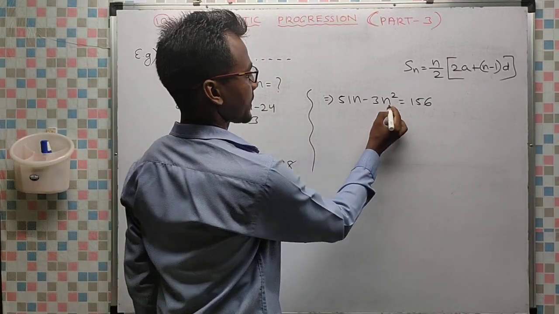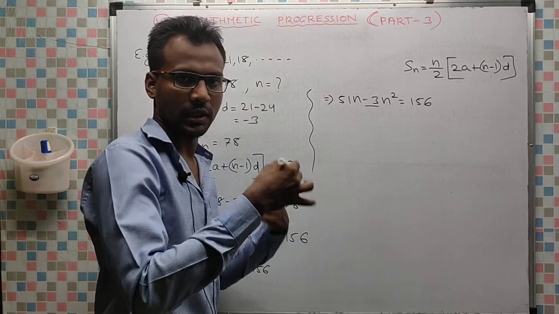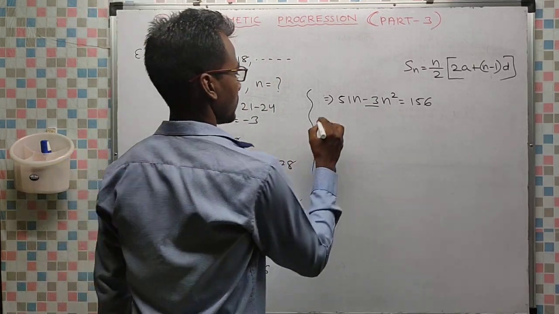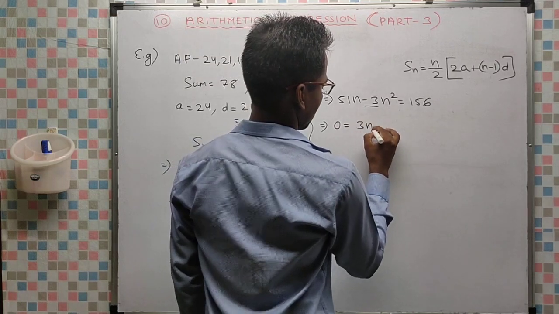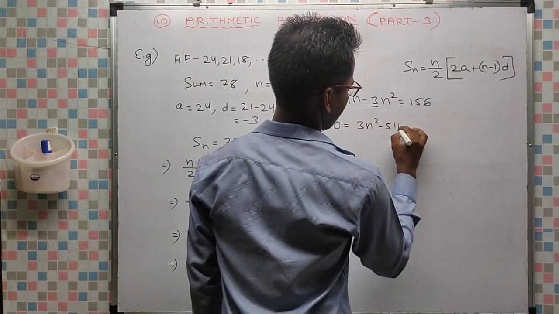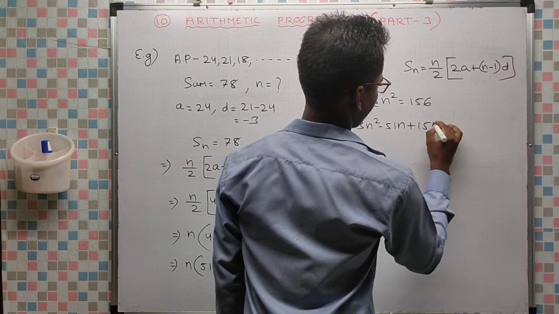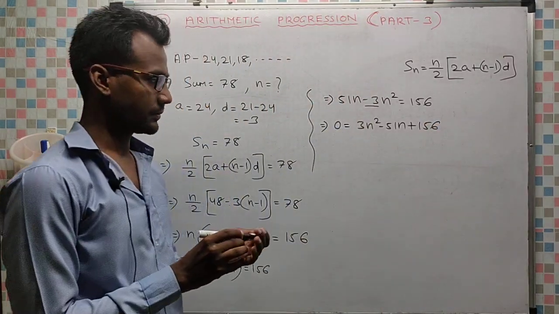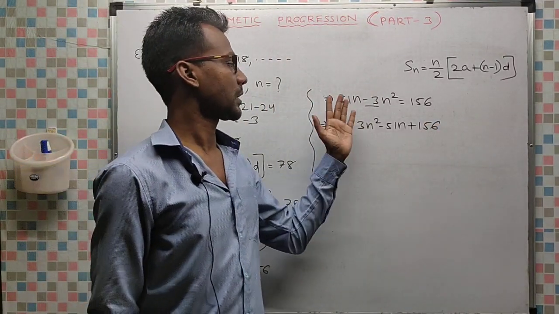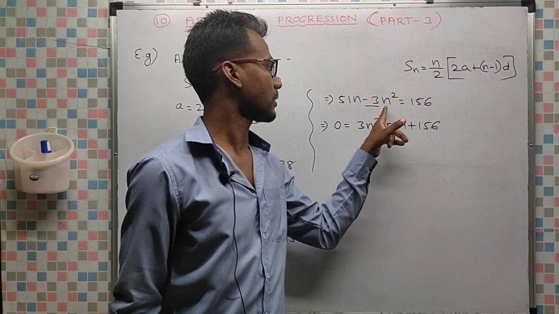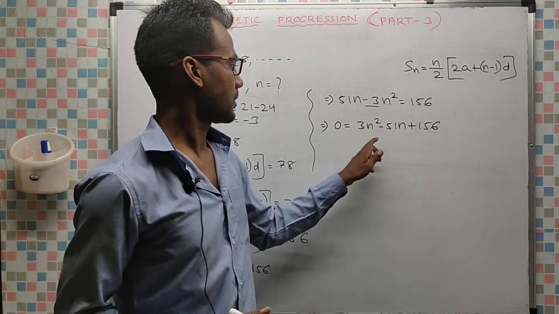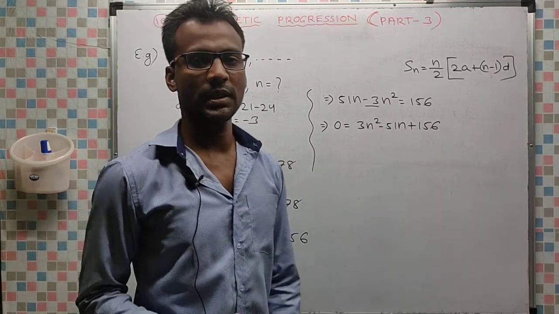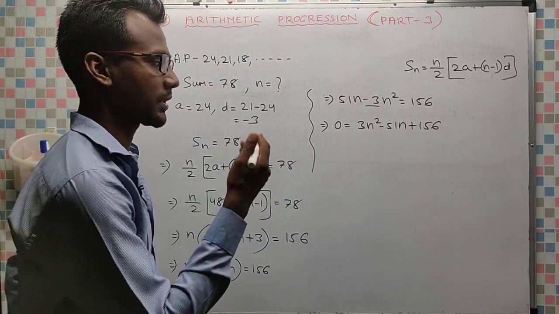The coefficient of n square is negative, so take everything to the right to make it positive. 0 is equal to 3n square minus 51n plus 156. You can see 3, 51, 156 are divisible by 3, so it can be further simplified.